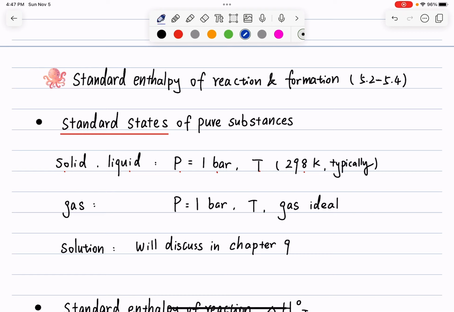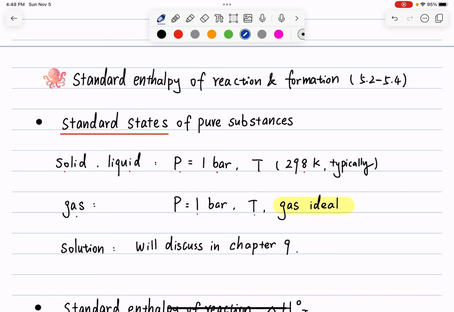For gas molecules, we're defining the standard state as being at a pressure of 1 bar at some temperature, typically 298 Kelvin, and we're also assuming the gases are behaving like ideal gases. Later, we'll also talk about the standard state for solutions in Chapter 9.